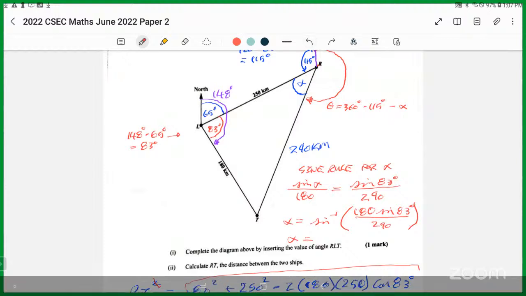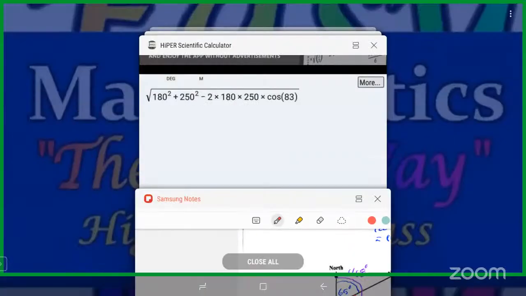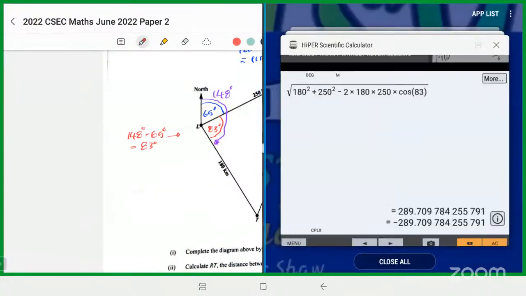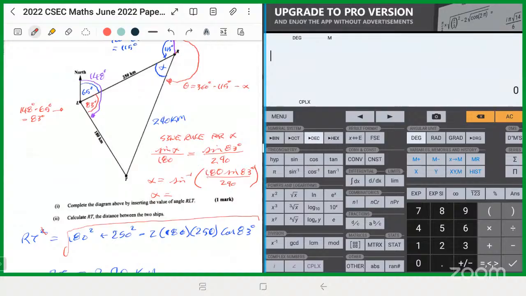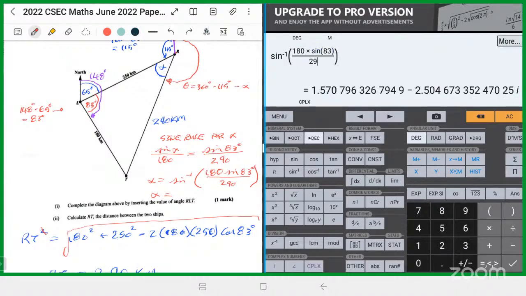I'm going to get the calculator and work this out. So I'm working out sine to the minus 1 of the fraction 180 times sine of 83 over 290.